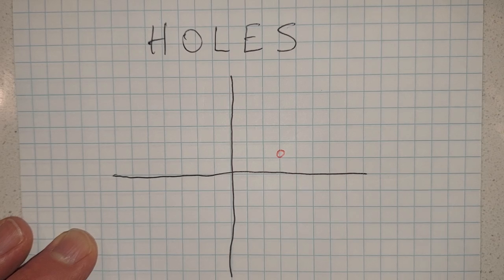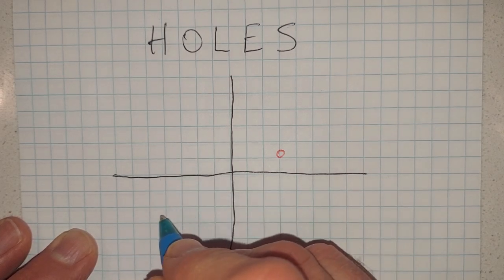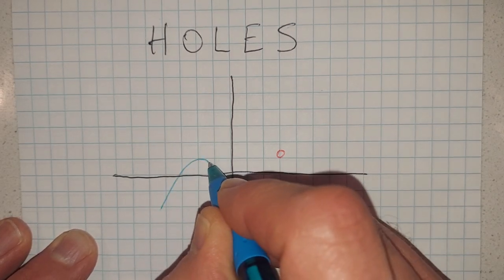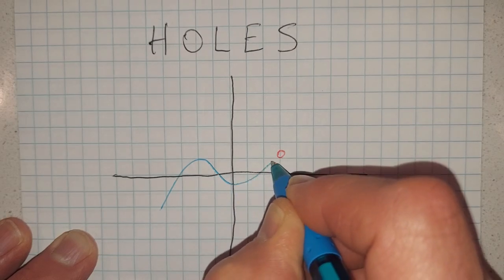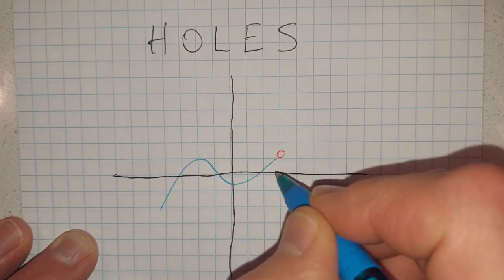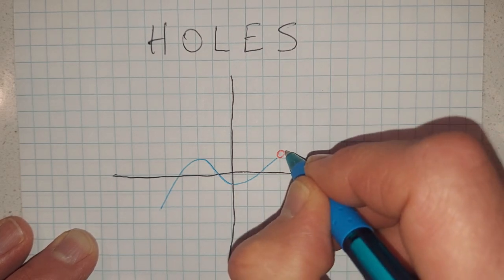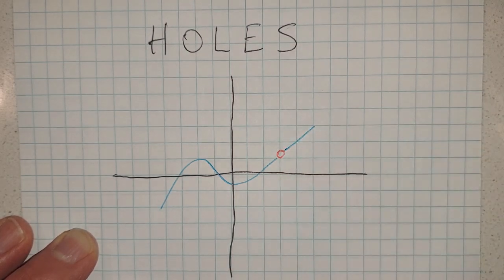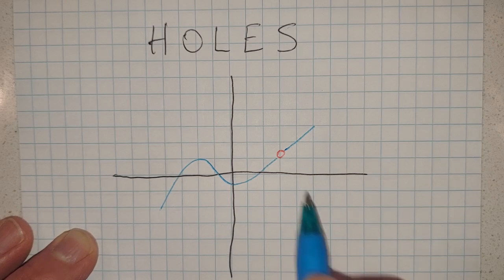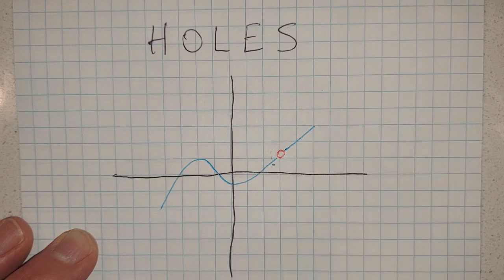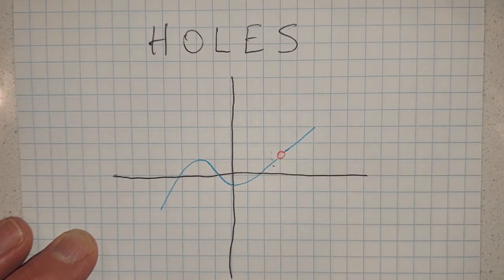And as the function comes along here, let's say it comes up like this, down, and here it doesn't go across a line, but rather it seems to just keep going on, though it actually jumped over the hole. It doesn't exist at that hole. There's no y value for the x value of that hole, but the function just seems to kind of hop over it.